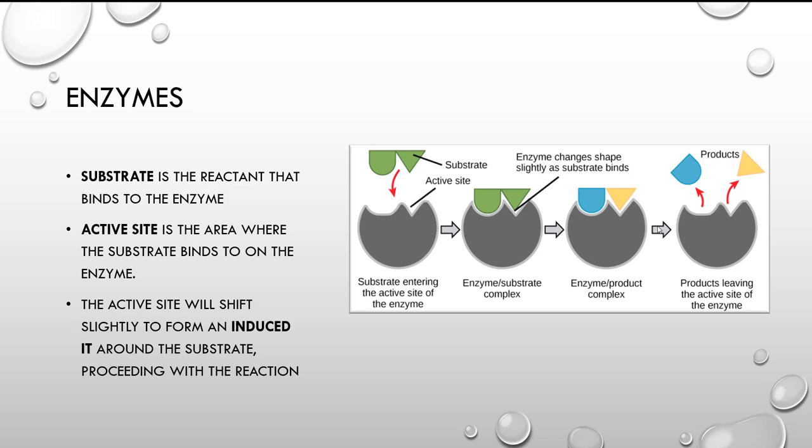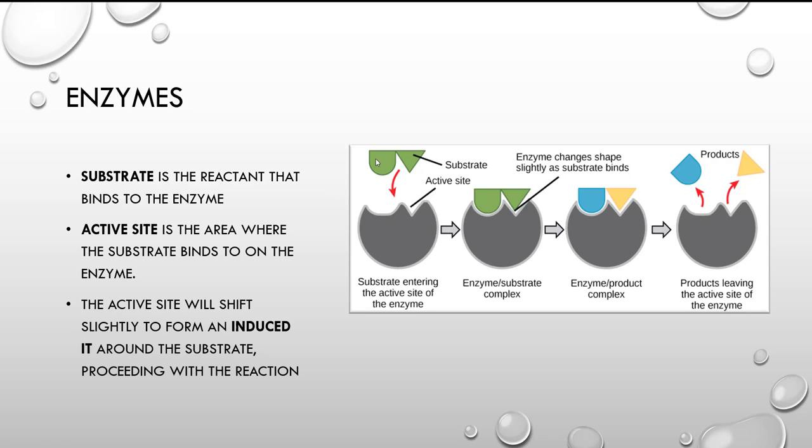Now we have the reaction proceeding, and we end up with the products. Now the products will get released. The enzyme's still there. The enzyme hasn't been used up in any way.